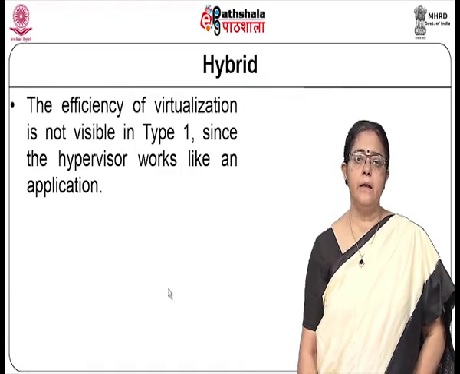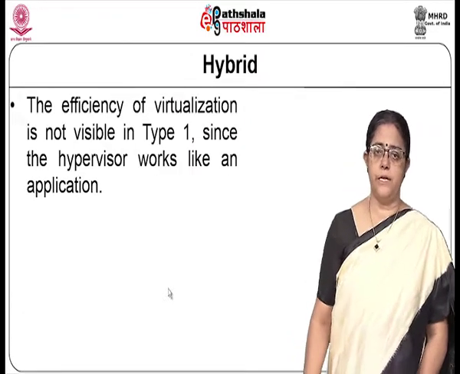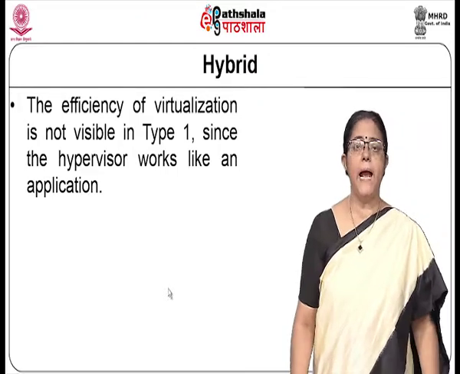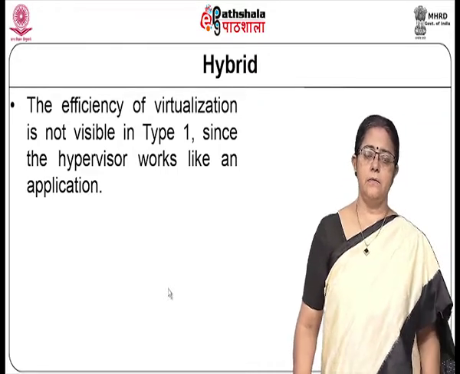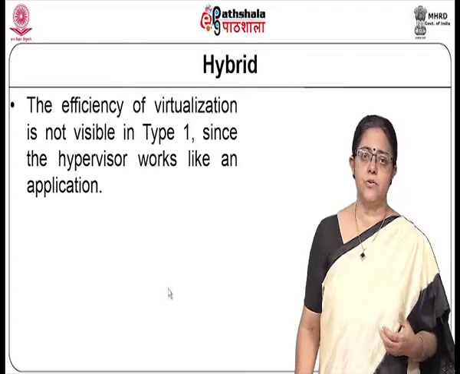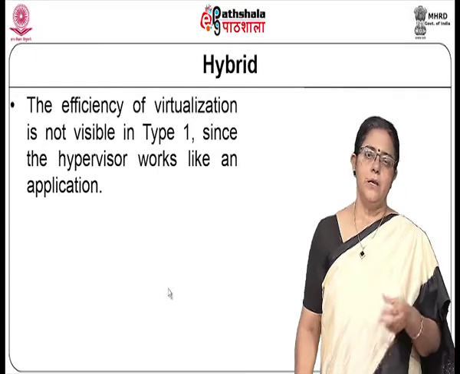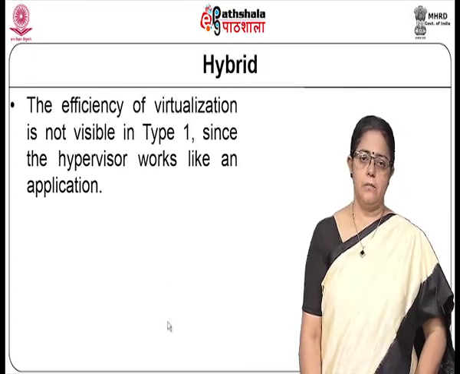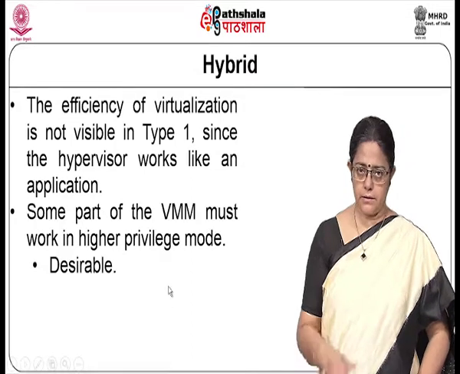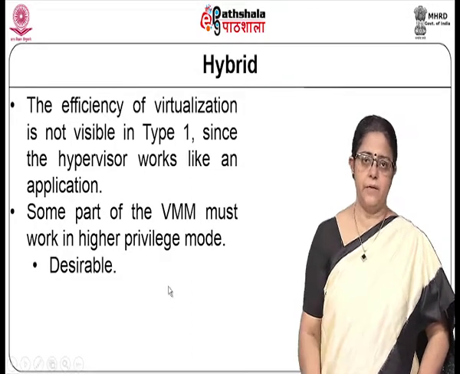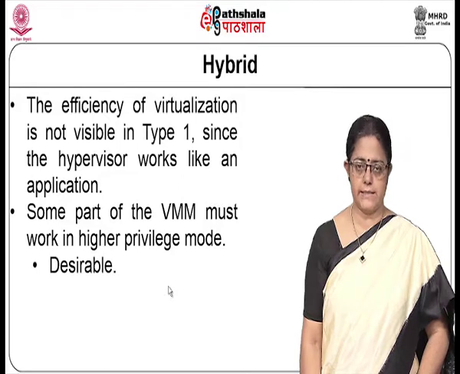Instead of having type 1 or type 2, we can have a hybrid. Type 1 is not easy to implement, and type 2 cannot take advantage of having a virtualization layer.